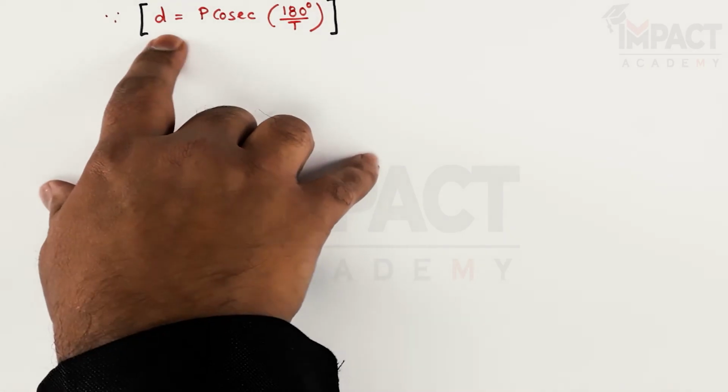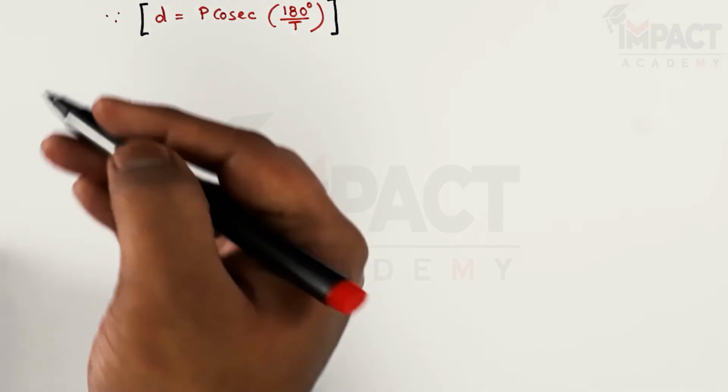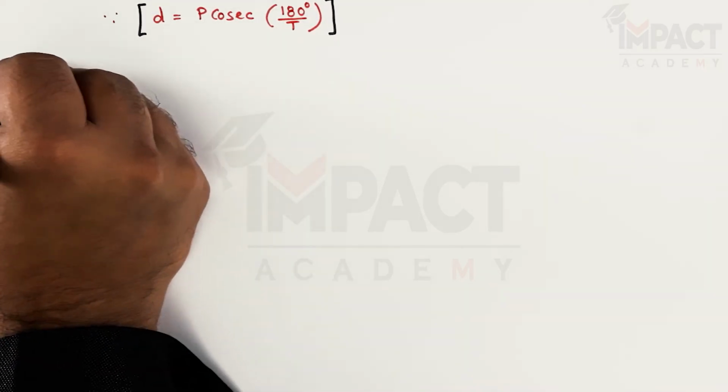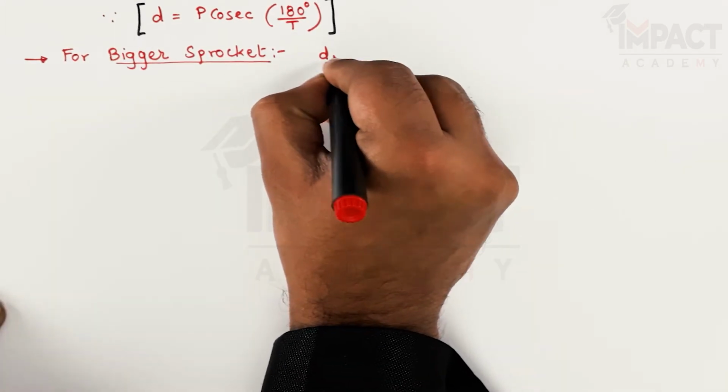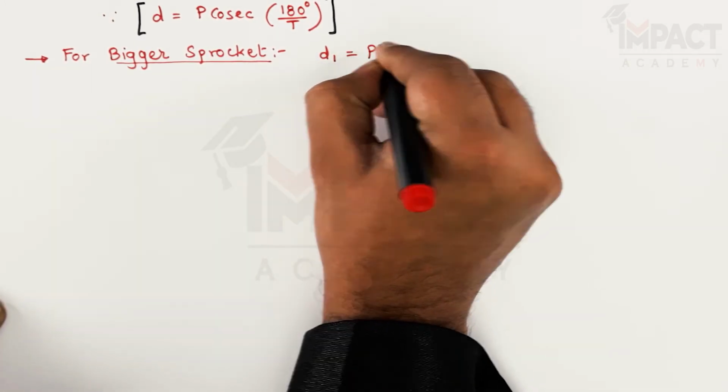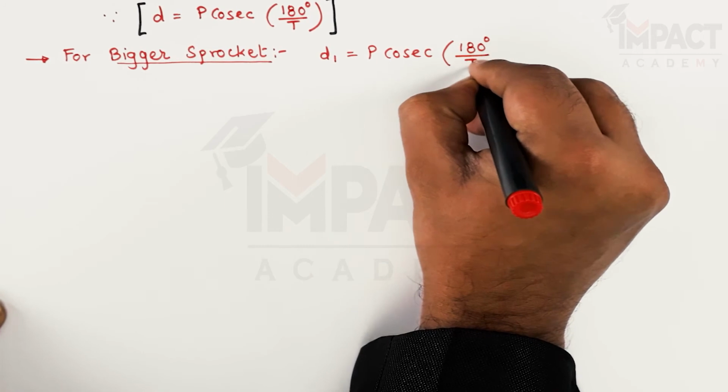Now I'll put this formula for sprocket number 1, which is the bigger sprocket, and sprocket number 2 respectively. If I am writing for sprocket 1, that is the bigger sprocket, this D will become D1, pitch remains same, instead of T I'll write T1.